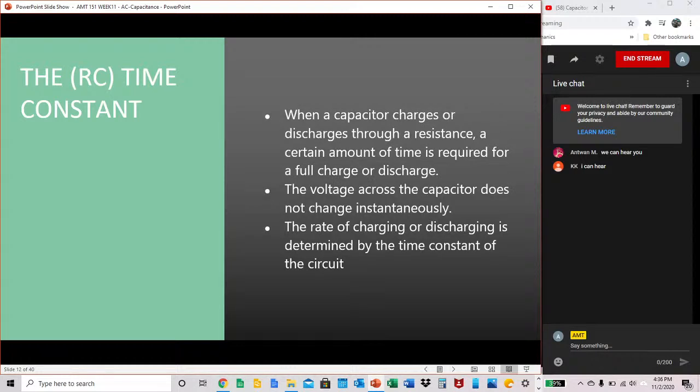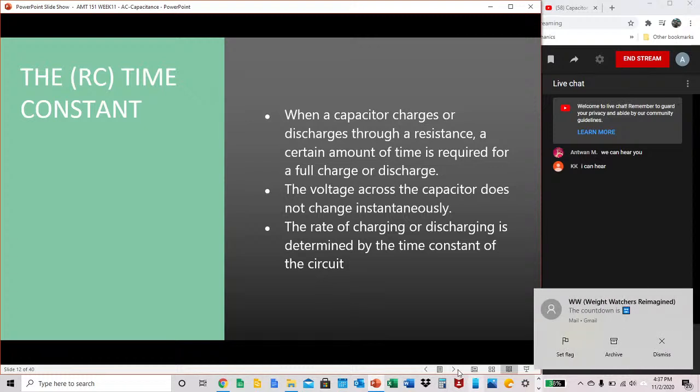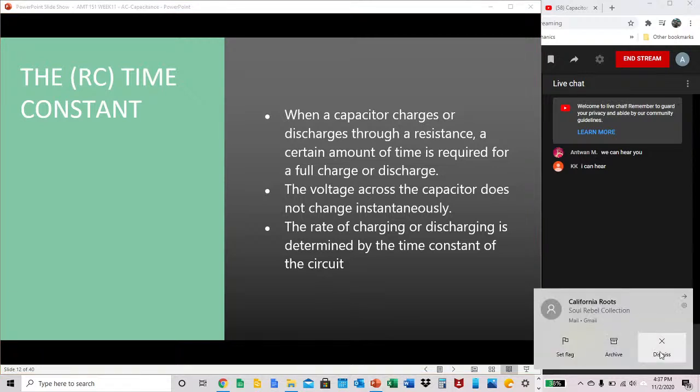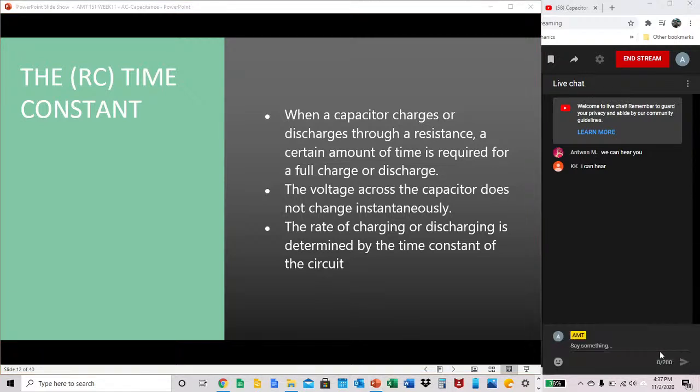When a capacitor charges or discharges through a resistance, a certain amount of time is required for a full charge or discharge. The voltage across the capacitor does not change instantaneously. The rate of charging or discharging is determined by the time constant of the circuit.